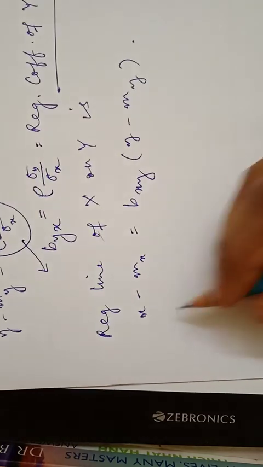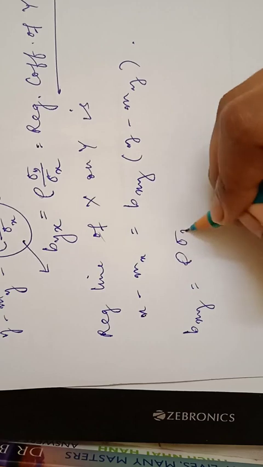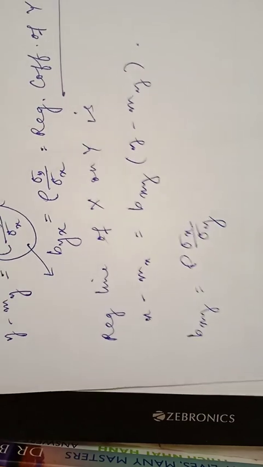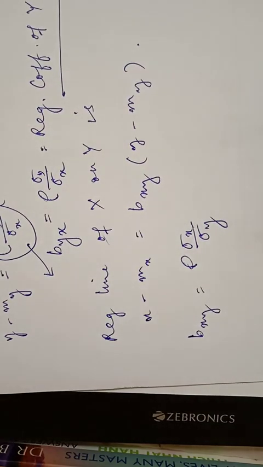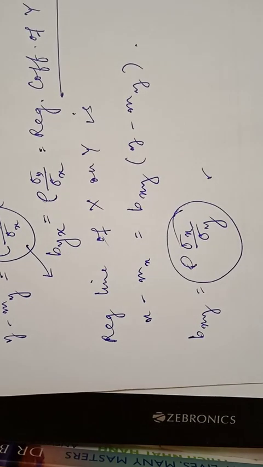Now this bxy has the value rho sigma x by sigma y. Now this is called the regression coefficient of y on x. Sorry, of x on y.